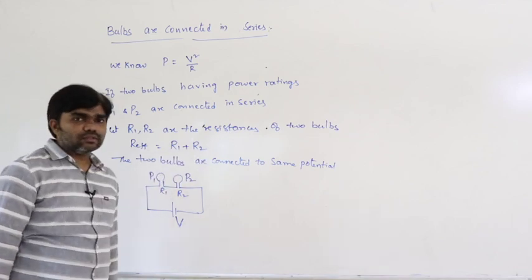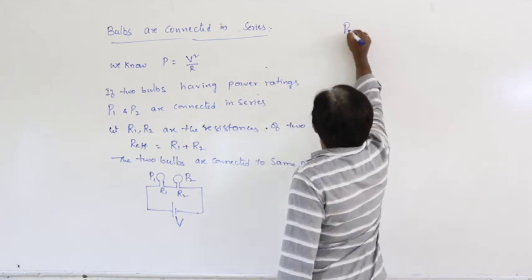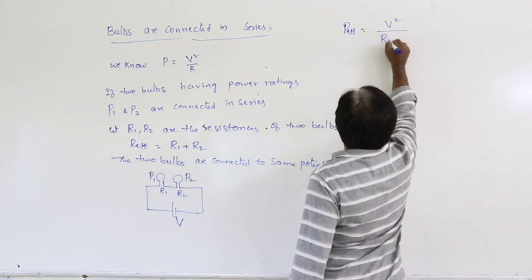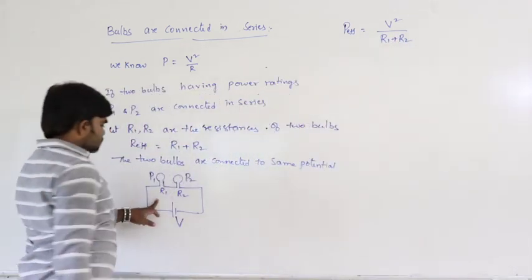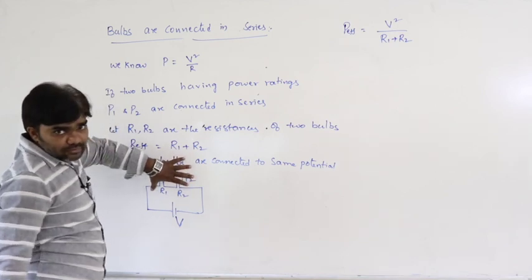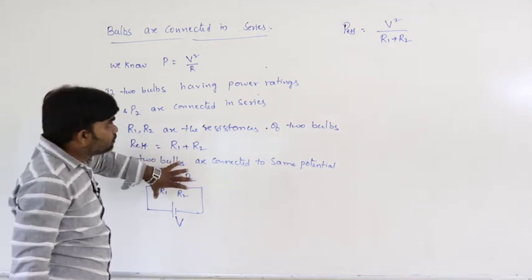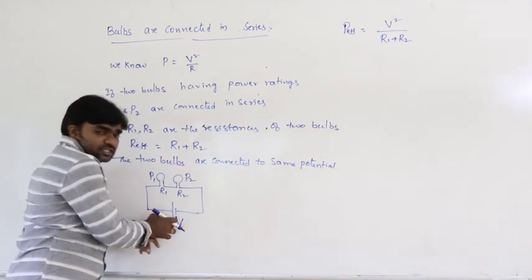P1 and P2 are the individual powers. Now finally P effective can be written as V square by total resistance, R1 plus R2. So what is the effective power? Effective power of the combination, that's what we are going to calculate. Effective power can be written using the power formula V square by R. What is the potential connected here?